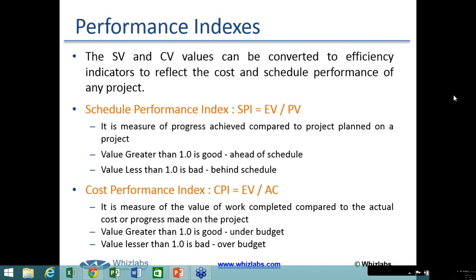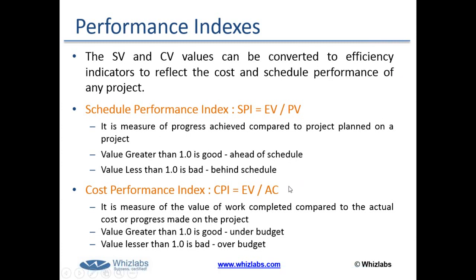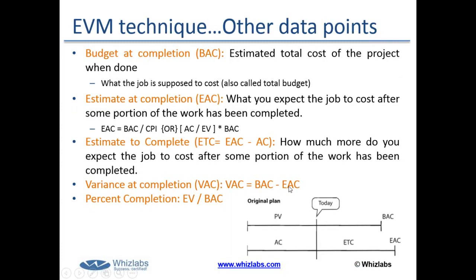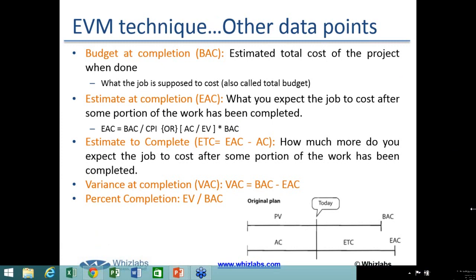In cost variance, we were subtracting actual cost from earned value. In cost performance index, we will divide by actual cost. Similarly, in schedule variance, we were subtracting planned value from earned value, but in schedule performance index, we will go for division.